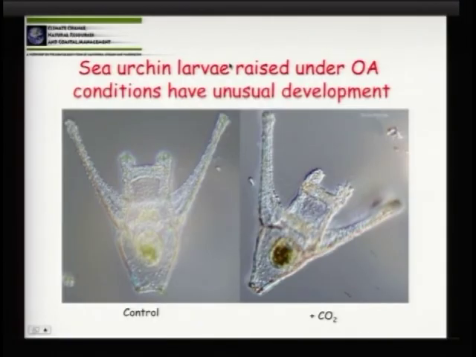Some very exciting new work has been done by my colleague Gretchen Hofmann from the University of California, Santa Barbara, with sea urchins. She shows that sea urchins show a very declining calcium carbonate structure of the larval forms.